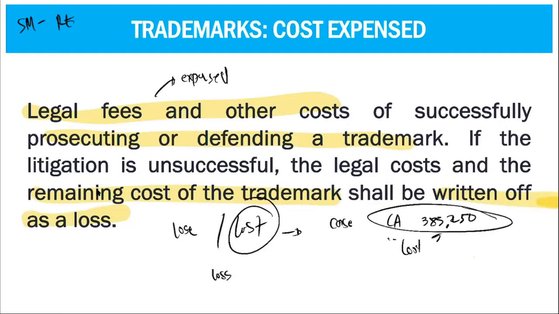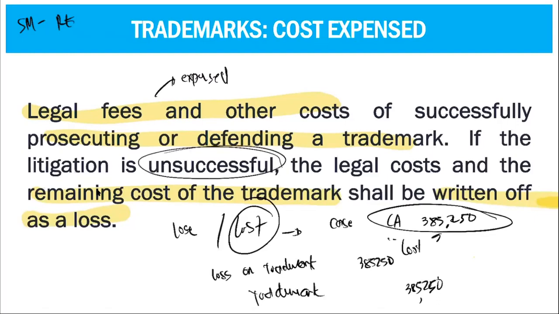So, loss on trademark: 385,250, you remove the trademark itself, 385,250. Because again, take note, if ever you are unsuccessful, you write it off as a loss.